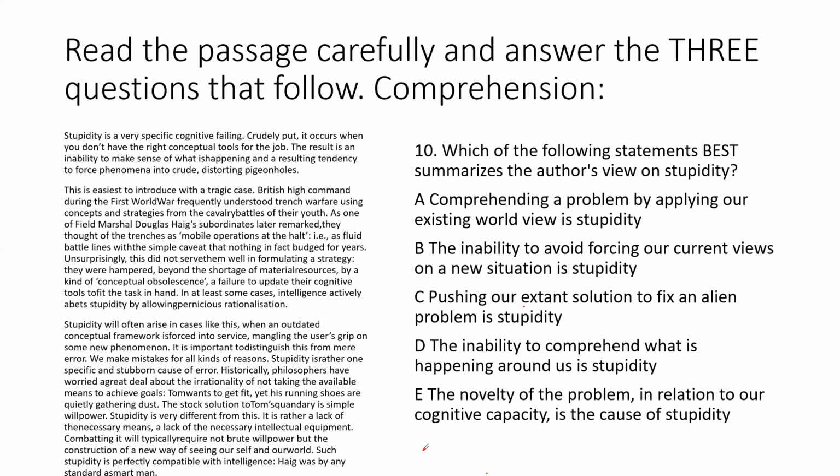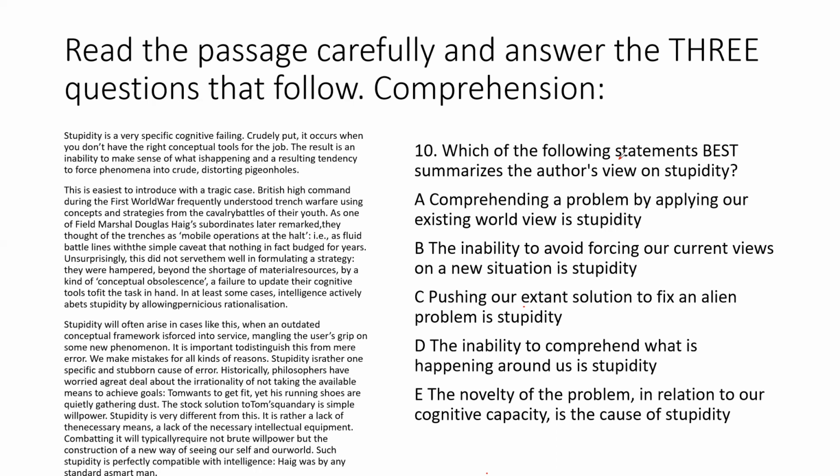Stupidity is very different from this. It is rather a lack of the necessary means, a lack of necessary intellectual equipment. Combating it will typically require not brute willpower, but the construction of a new way of seeing ourselves and our world. Such stupidity is perfectly compatible with intelligence.